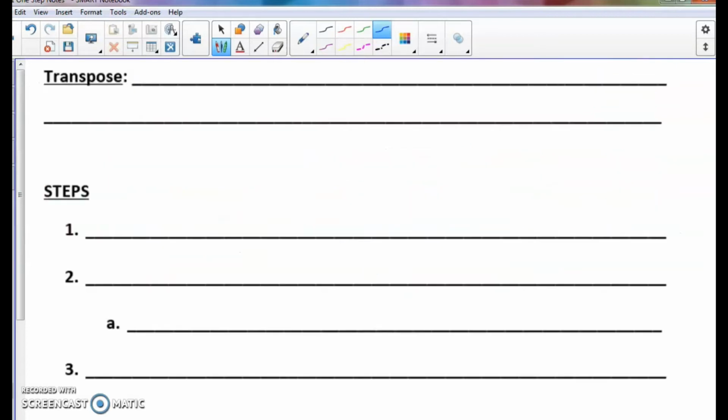Now one of the first ways we're going to look at it is to transpose. So that's our next part.